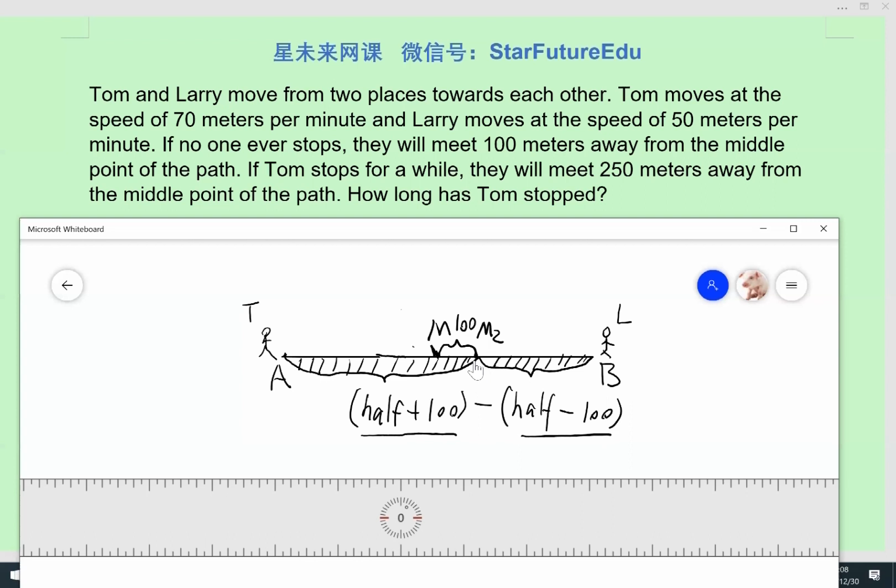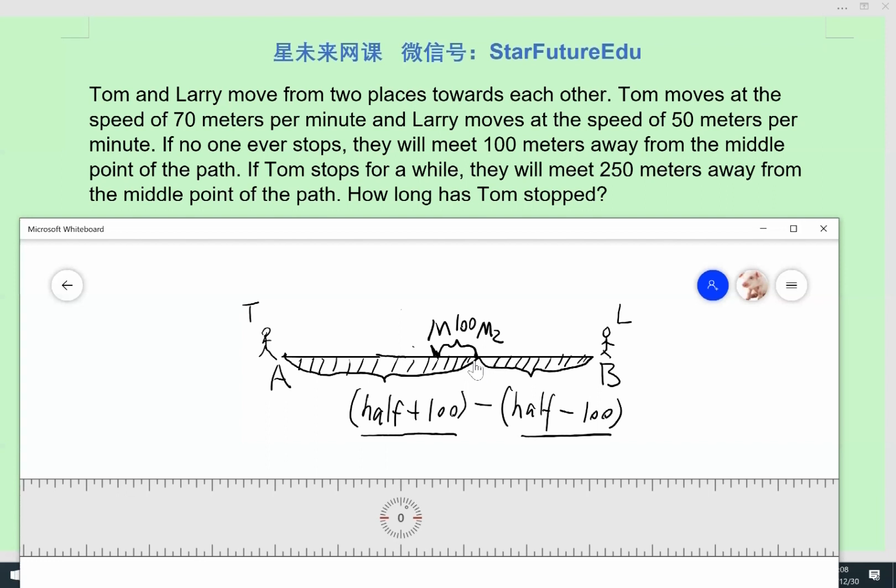And we also know the two persons' speed. Abby, what do you think we can find based on these facts? So we have learned meet problem, and we have also learned chase problem. Do you think this is a meet problem or a chase problem?